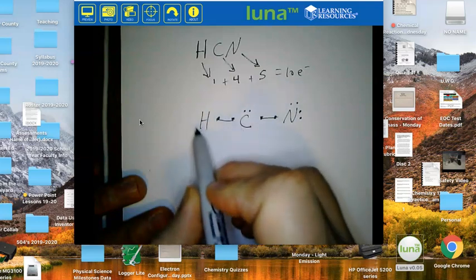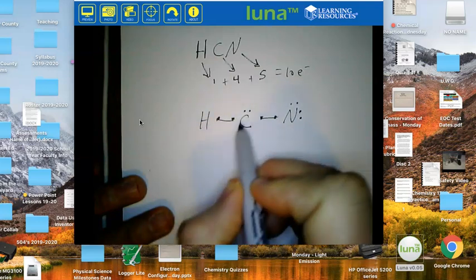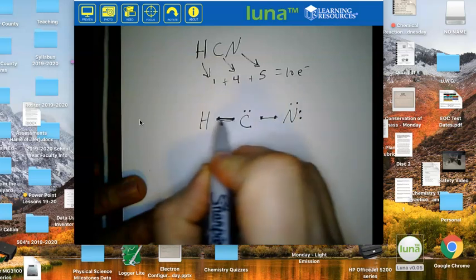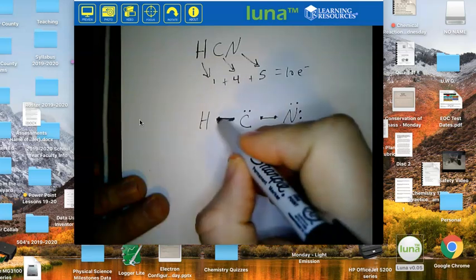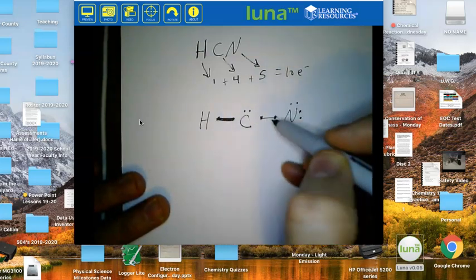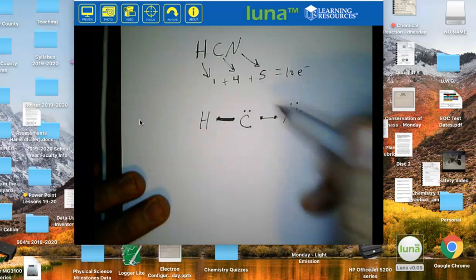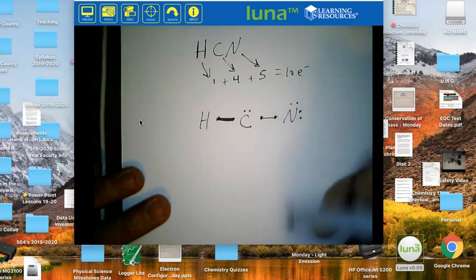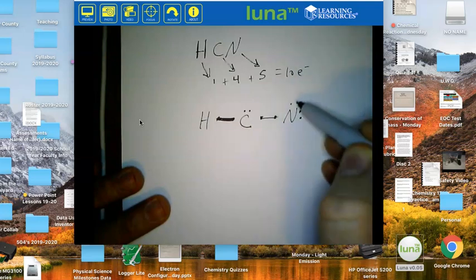Hydrogen's happy because it has 2 overall here. Carbon, I wouldn't actually draw this, but I'm just showing you all the dots here. It's one single line. Carbon here has 2, 4, 6. It doesn't have enough electrons around it, and nitrogen also has 2, 4, 6.